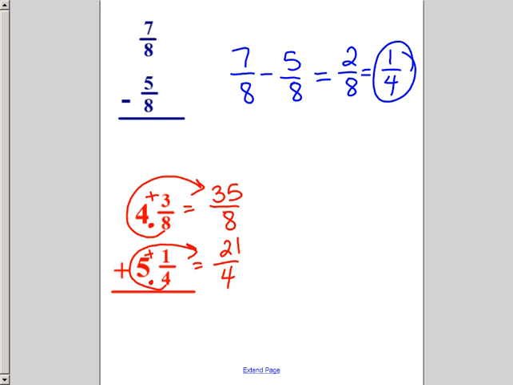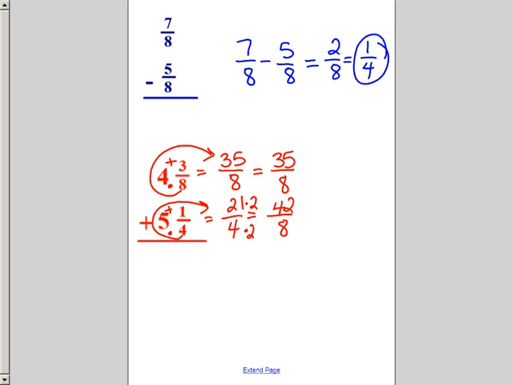Now, they still don't have the same denominator, so I have to make them have the same denominator. So I think about 8 and 4. What's a number they both go into? The easiest one in this case is just 8. So that means 35 eighths can stay 35 eighths, but 21 fourths has to be changed to an equivalent fraction with a denominator of 8, which is 42 eighths. Now, this problem becomes easier. Now, I can just do 35 eighths plus 42 eighths.